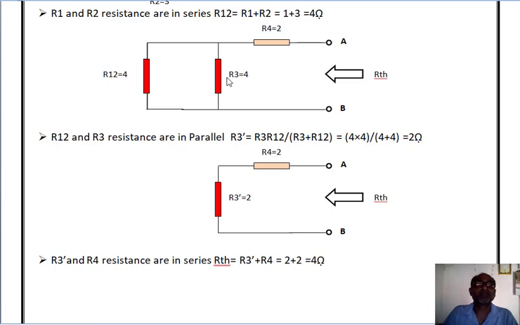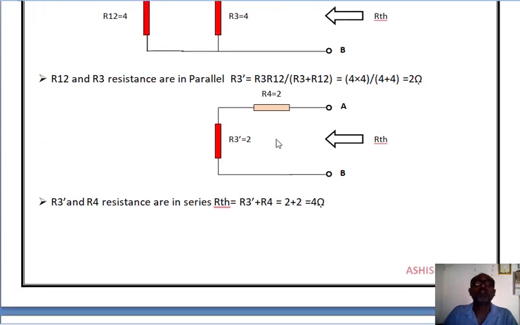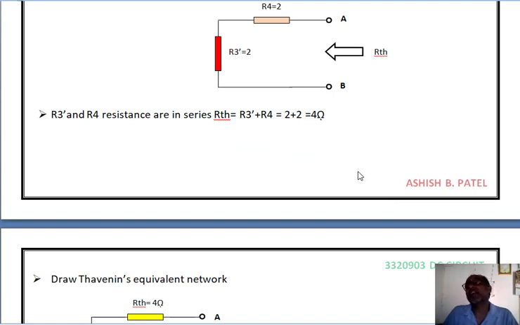Now R3 dash and R4 are connected in series, so we can find the equivalent resistance, which is our RTH, Thevenin's resistance. RTH is equal to R3 dash plus R4, so 2 plus 2, 4 ohm. So 4 ohm is the Thevenin's equivalent resistance.